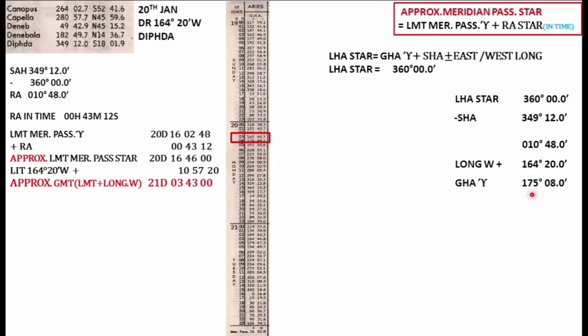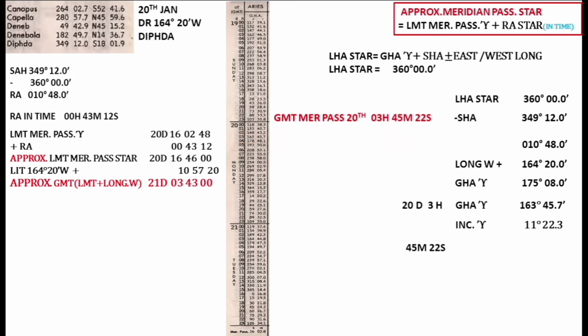Find the GHA Aries which is less than this, about 3 hours, and I write down my GHA Aries, and the difference is the increment that has to be applied. And for stars there is no v correction, so we don't have to bother about that part. This is the increment. And when I go into the increment table, I find that this time is 45 minutes and 22 seconds. Now this is my GMT.